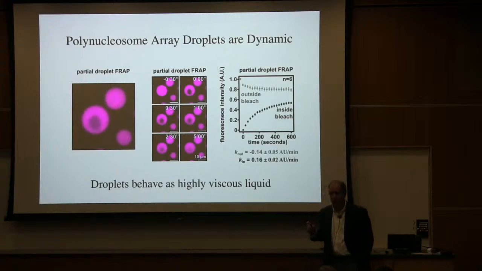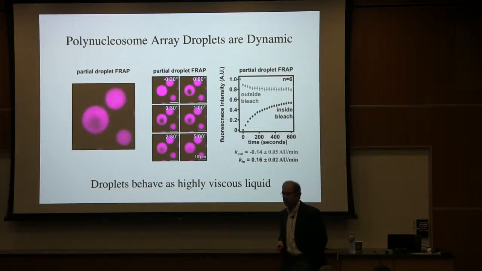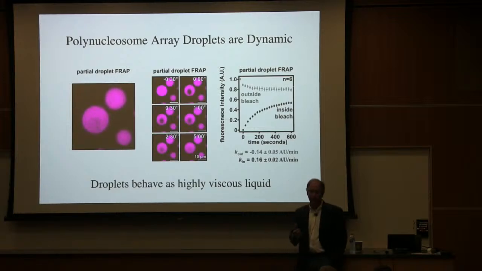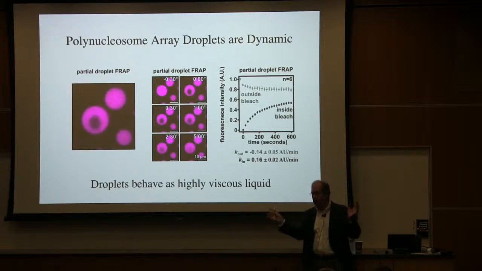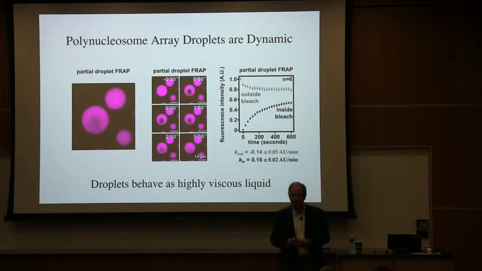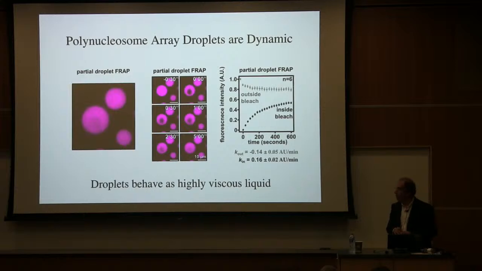There's been a bit of controversy in the literature, with other groups, one other group in particular, seeing different things. We're quite confident that if you handle the droplets correctly and you don't photo cross-link them, this is really quite general. We've been able to do this in a wide range of buffers, and we basically always see this same kind of behavior. So we think this really is intrinsic to these systems.